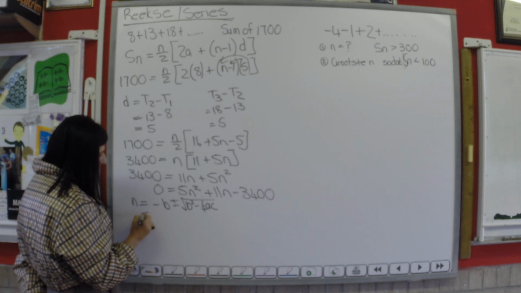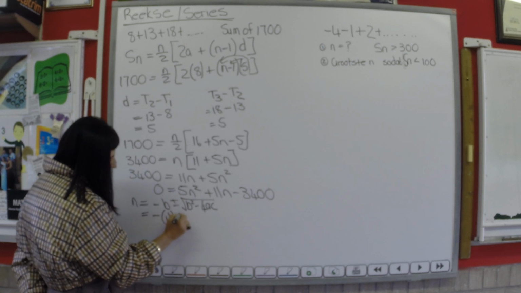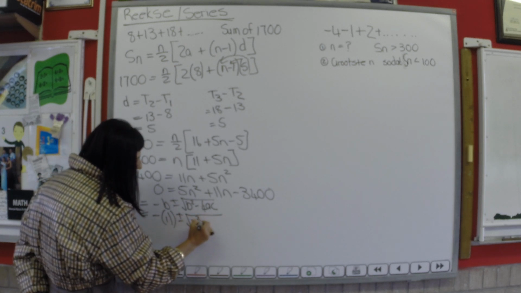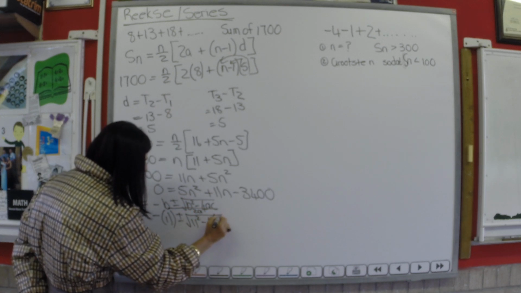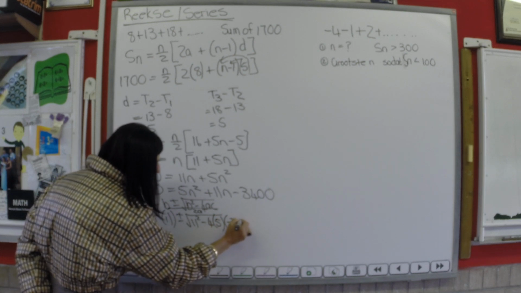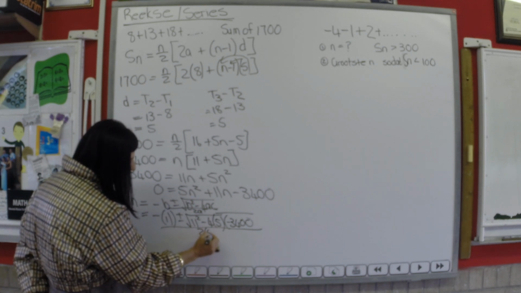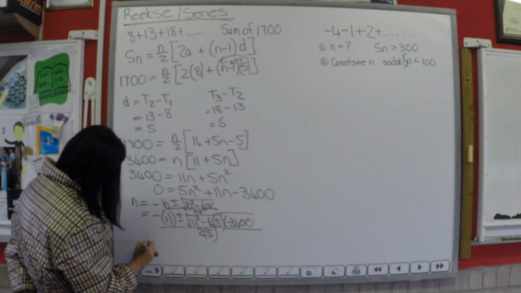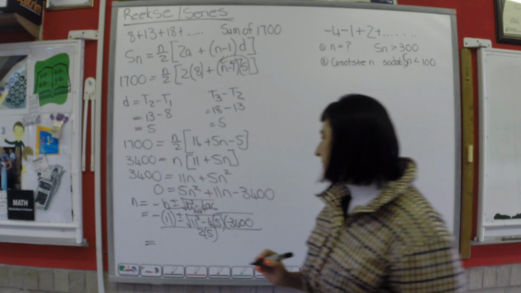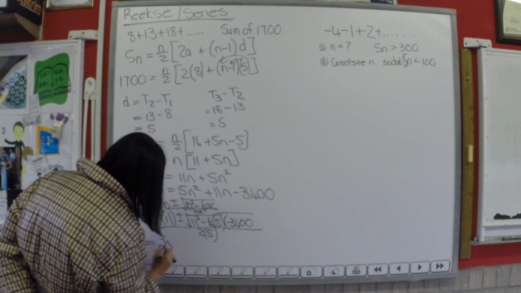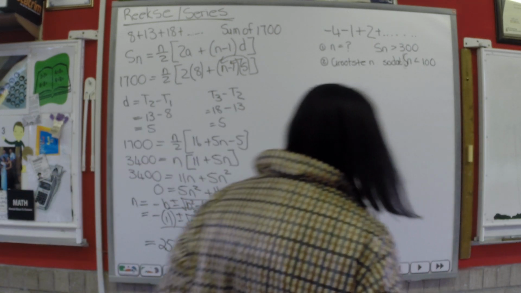So nou kan ek mooi gaan vervang, dan gaan sê b is 11. So I've got 11 squared minus 4 times 5 times minus 3400, alles op 2a, 2 maal 5, en dan kry ons 2 n-waardes, en die n-waardes wat ons kry is 25 of minus 136 op 5.